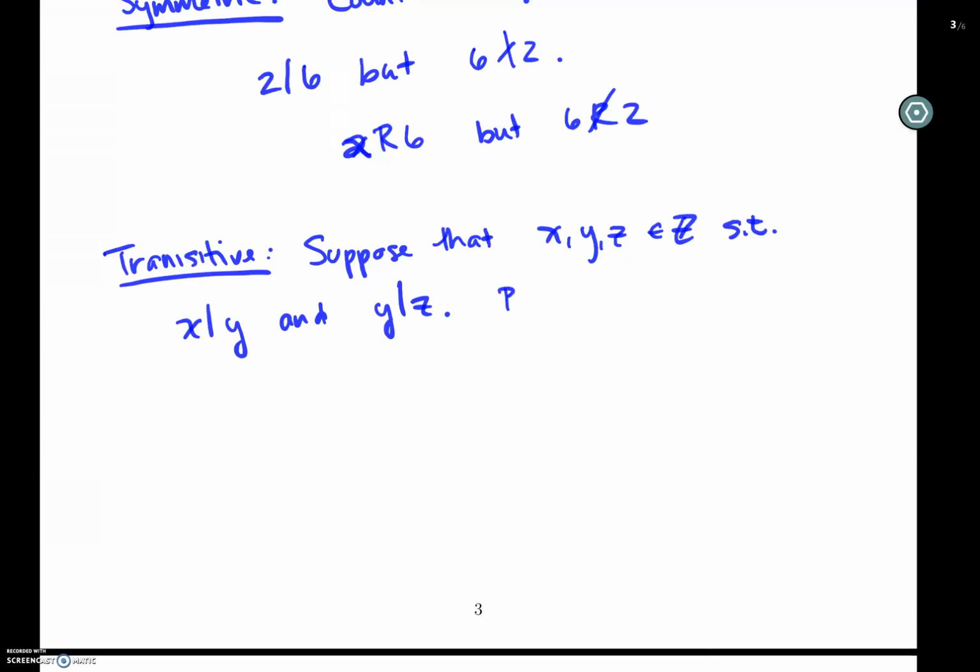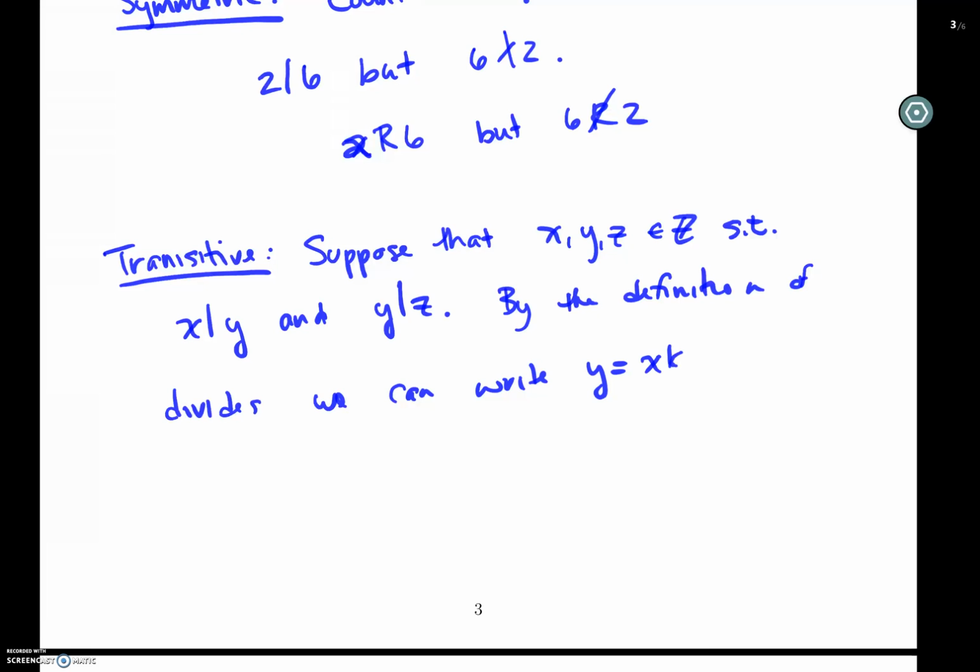In this case, by the definition of divides, we can write y equals xk and z equals ym for some integers k and m.